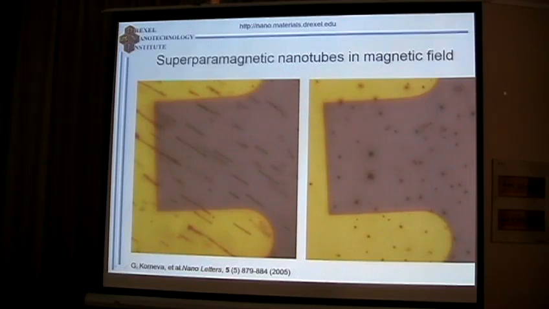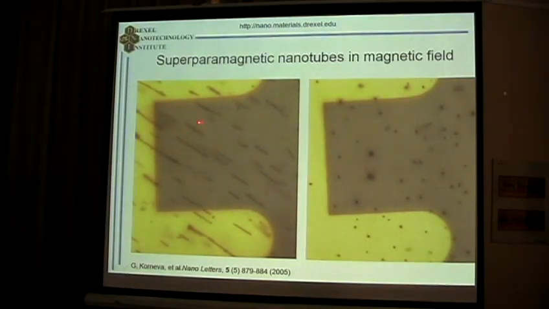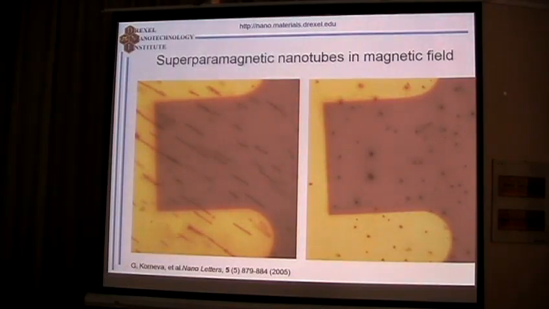What you see here is not a liquid crystal, it's just a solution in, I think, isopropanol in this case. These are magnetic tubes filled with superparamagnetic metal oxide particles, iron oxide. And when you apply a magnetic field, they all align along the field. Moreover, there will always be some distance between the tubes.